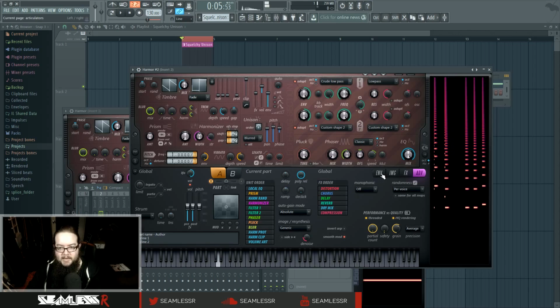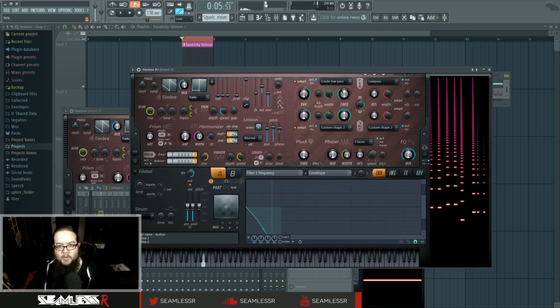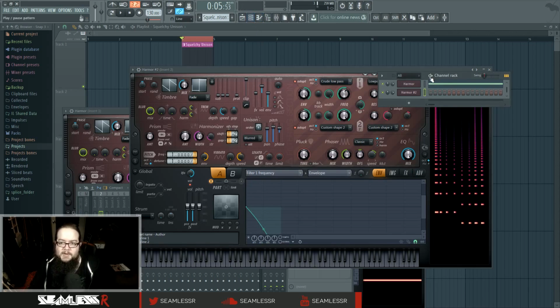Turn on ramming and make it extra sharp. Look how sharp that is.